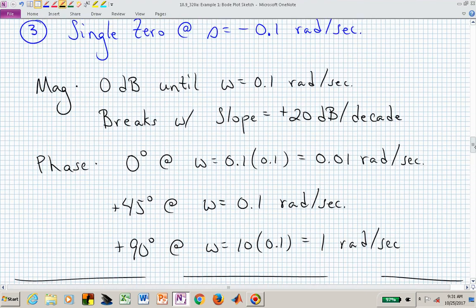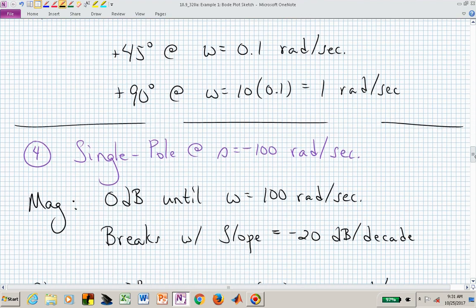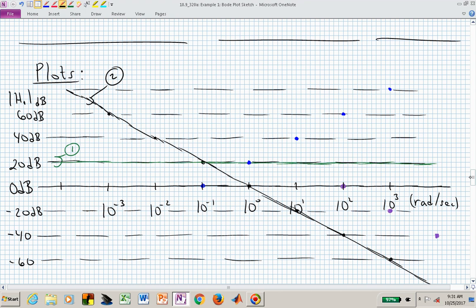Individual term 3 was our single 0. That's 0 dB until we reach the break, which is 0.1 or 10 to the minus 1.